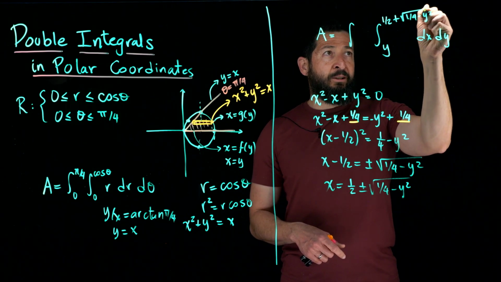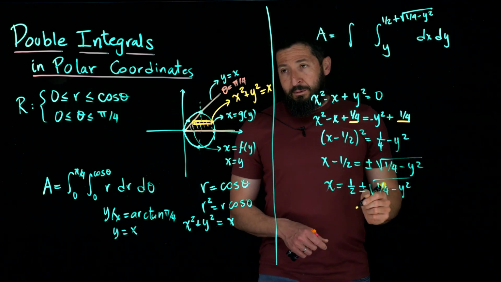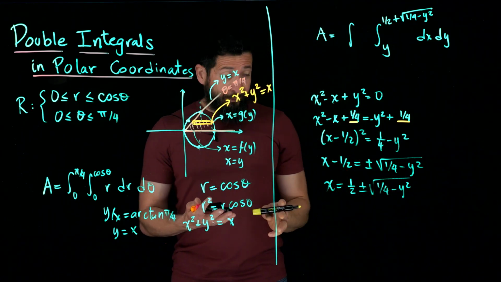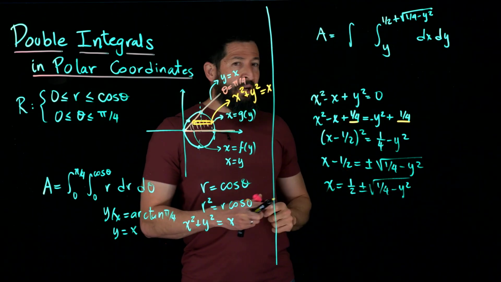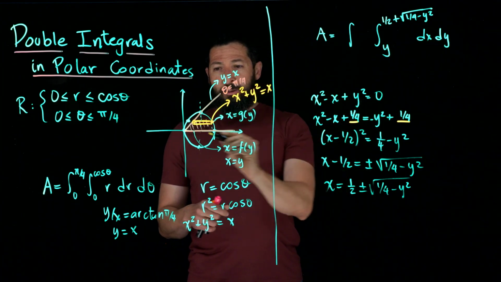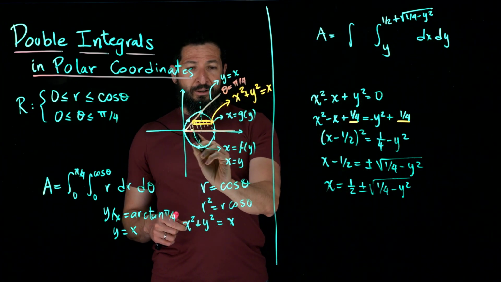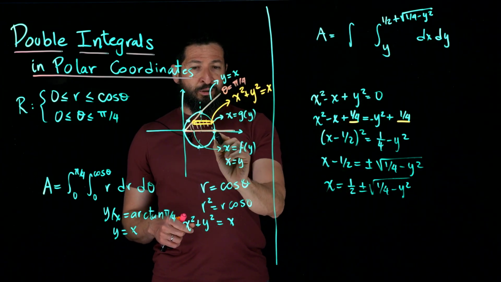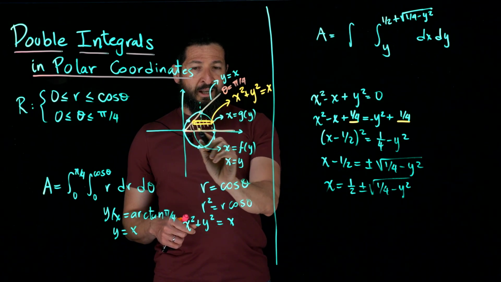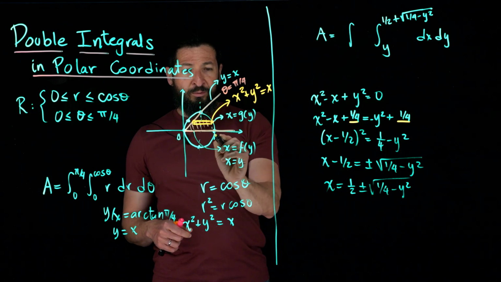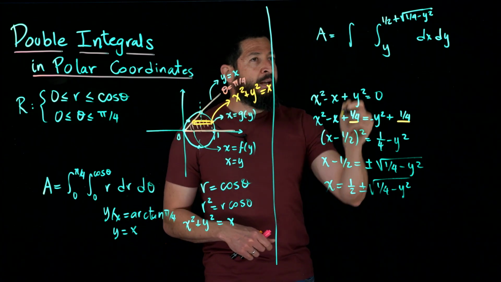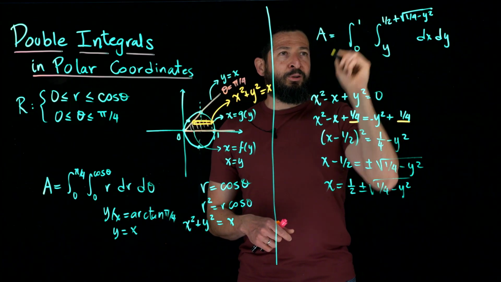And if you think that this integral is nicer, well, you do you. Now I have to look at my endpoints for x. I'm going from 0 to this endpoint here, which is 1. So the x's are going from 0 all the way to 1. That gives me my endpoints for x.